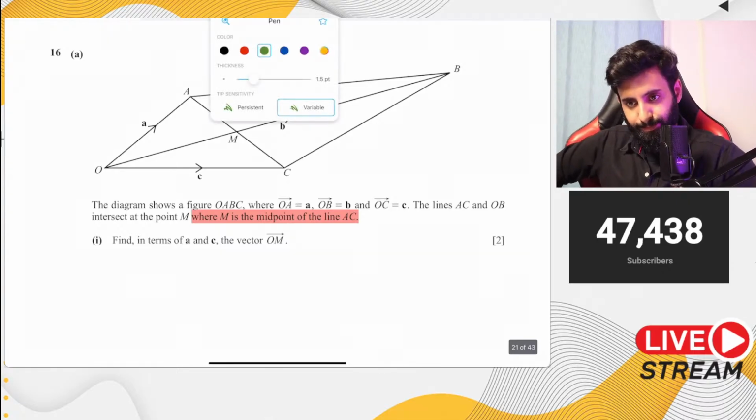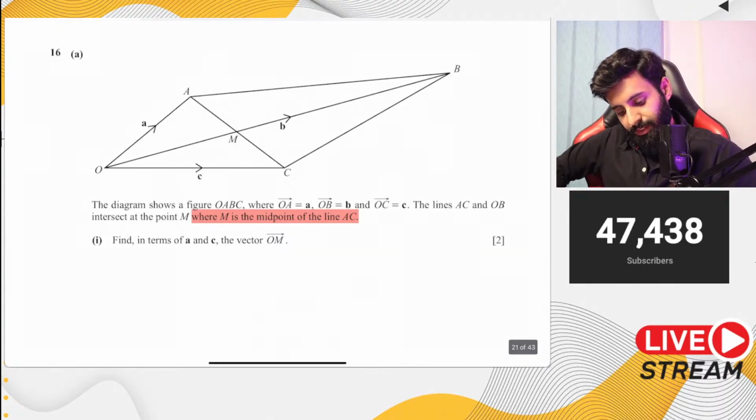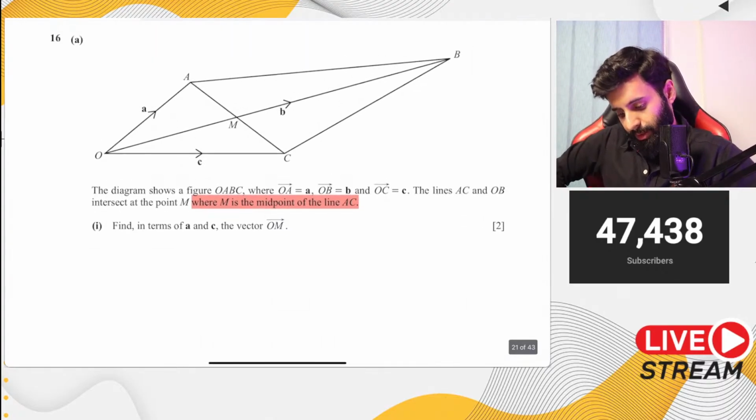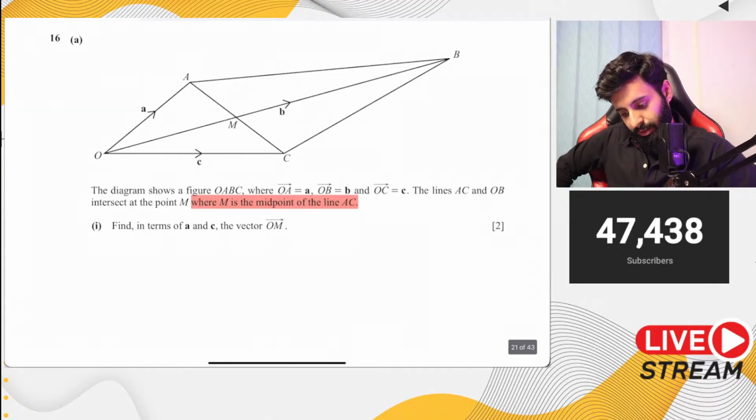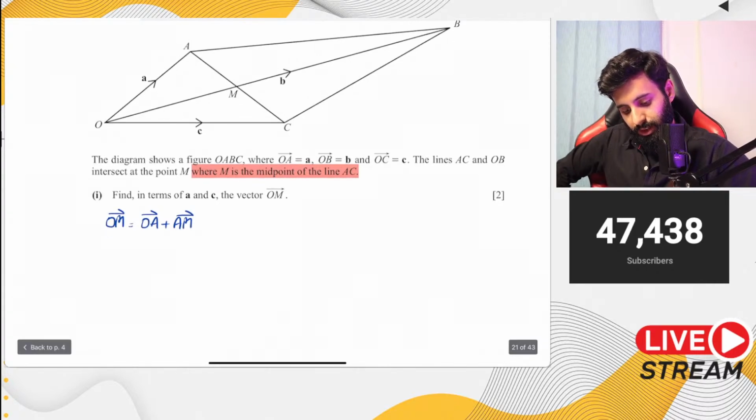Now, it says find in terms of A and C the vector OM. So how can I find vector OM? OM can be found by going from O to A and then from A to M. So OM is OA plus AM.